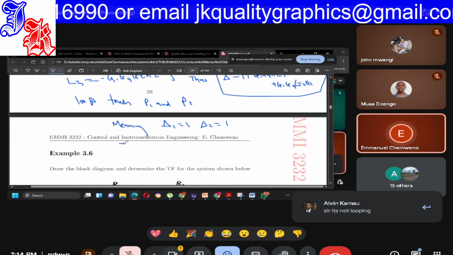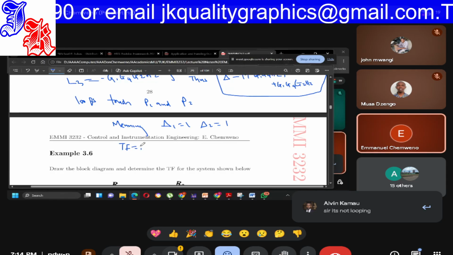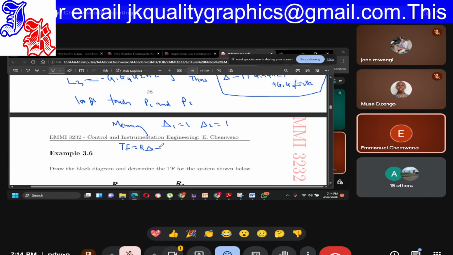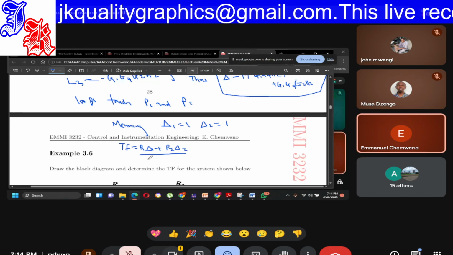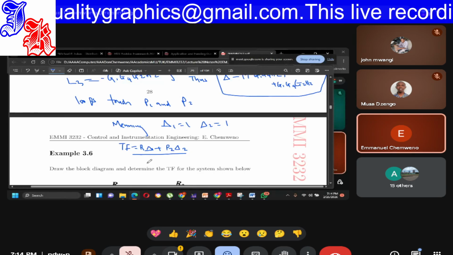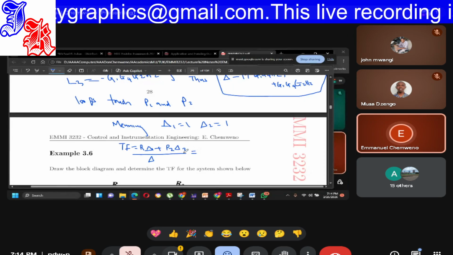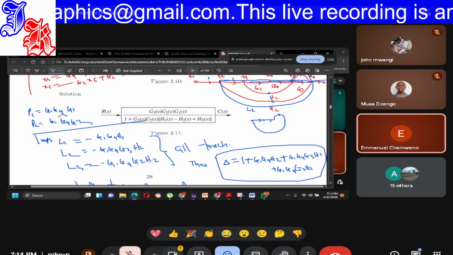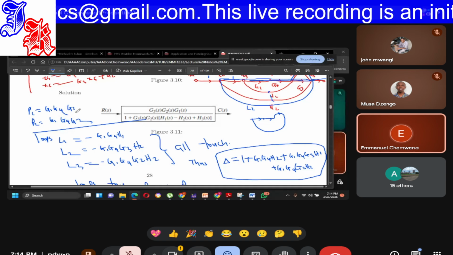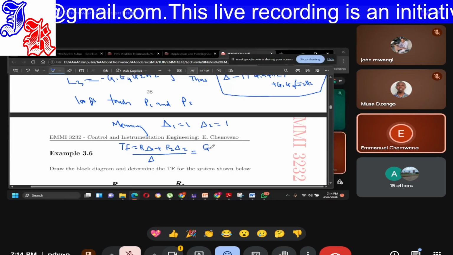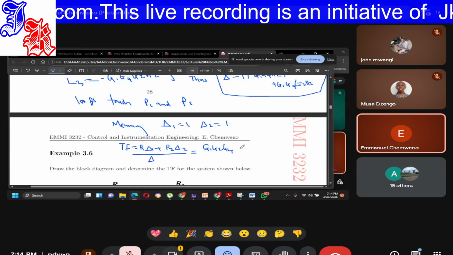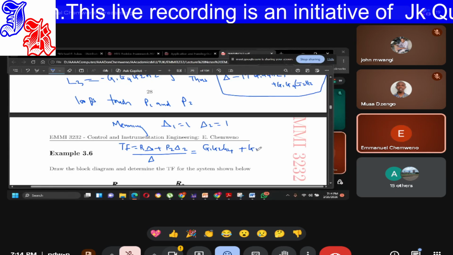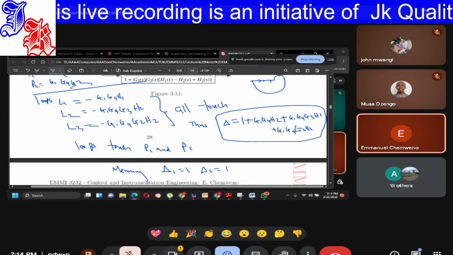So transfer function is equal to P1 delta 1 plus P2 delta 2 over determinant, which is equal to G1, G2, G4 plus G1, G3, G4.